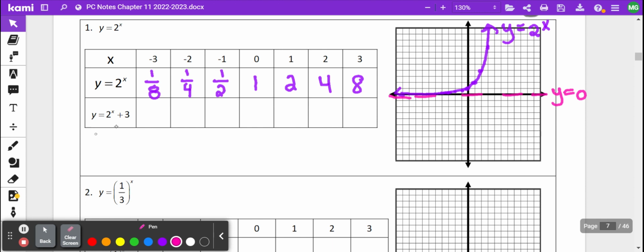Now we're going to see what effect adding 3 has on this. We should already know this because we know how families of functions work. By adding 3, it simply moves everything up 3 units. So we're going to fill this in, and then we can go ahead and graph that. It should just be 3 units above what we just did.